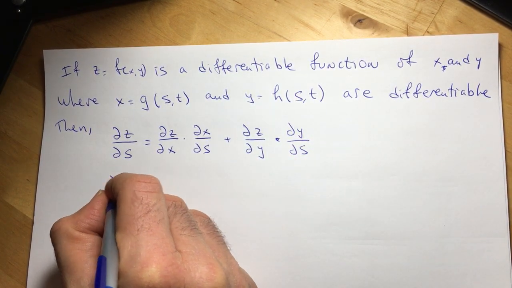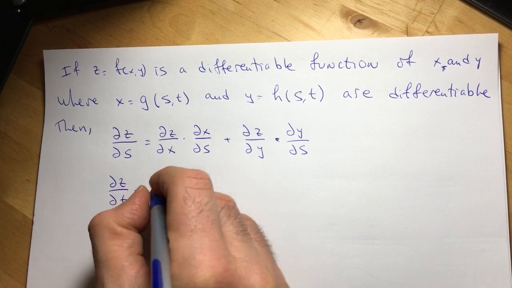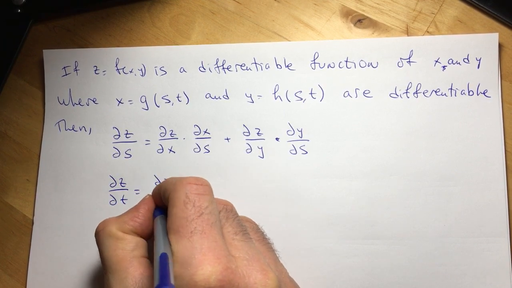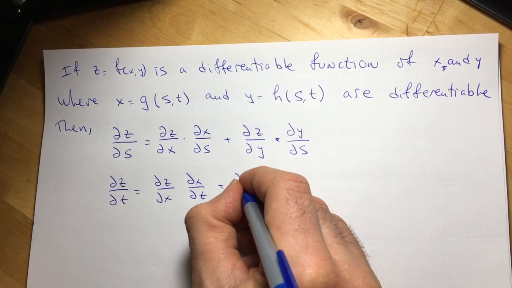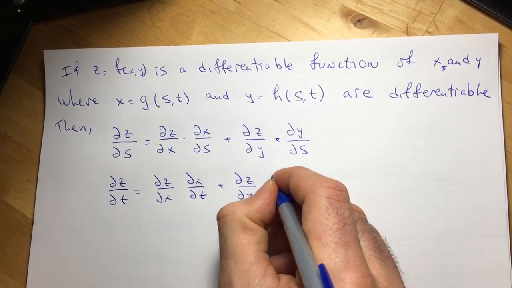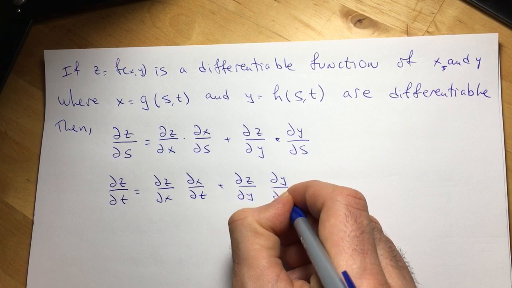Similarly, partial z partial t is equal to partial z partial x times partial x partial t plus partial z partial y times partial y partial t.